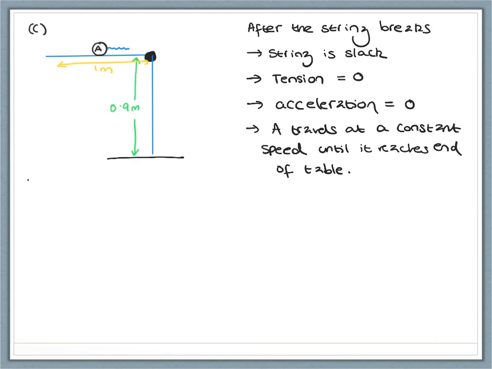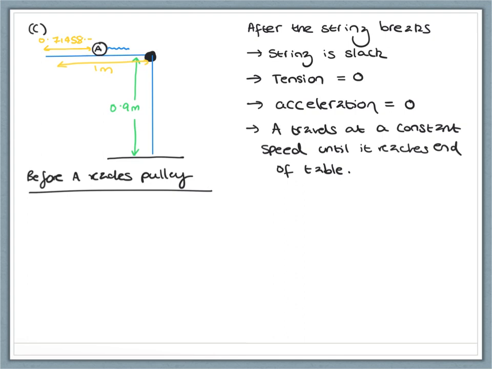So, before A reaches the pulley, we know it's travelled a distance of 0.71458 metres.